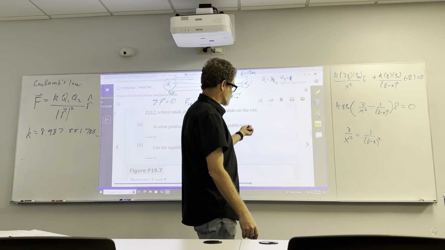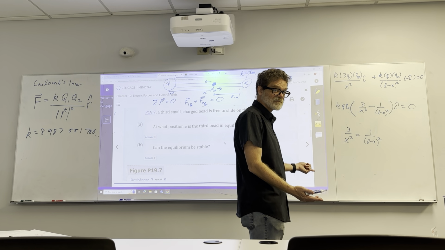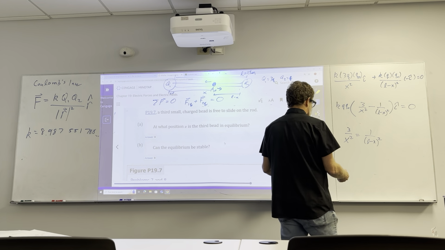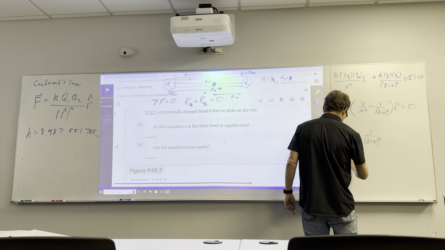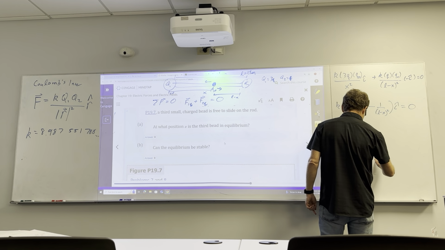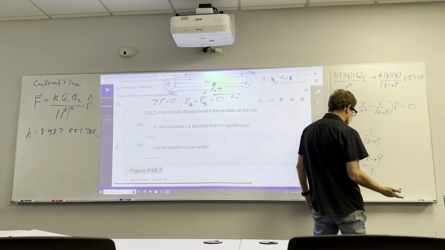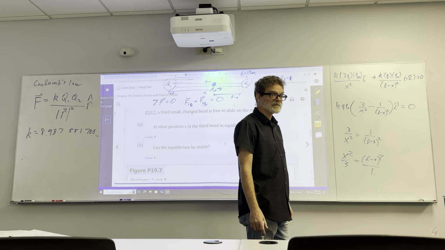Well, I can flip it and take the square root. That would be nice, right? I can write X squared over 3 is equal to L minus X squared over 1. Just flip the fractions.